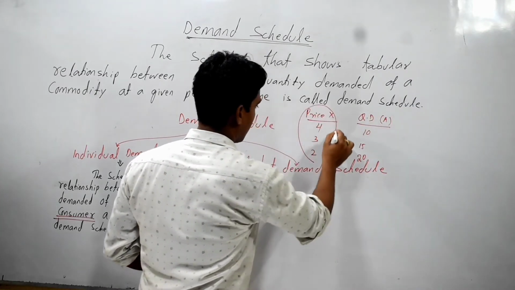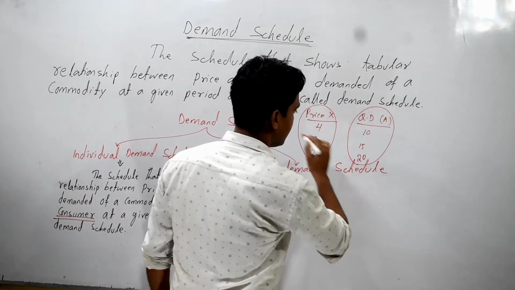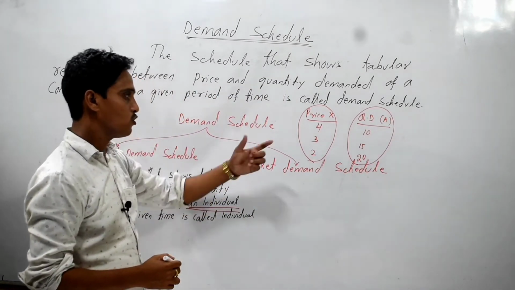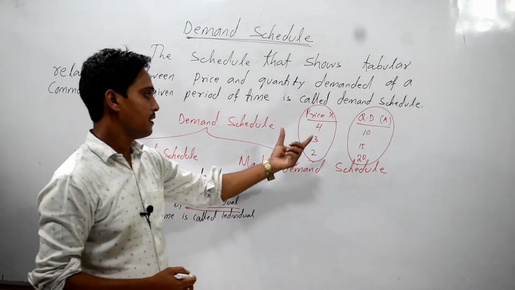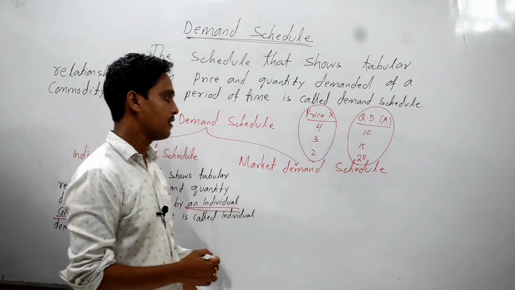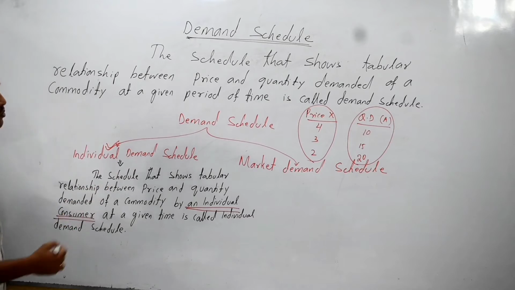When the prices of commodity X and quantity demanded by consumer A are presented in a table or schedule form, that is called individual demand schedule.